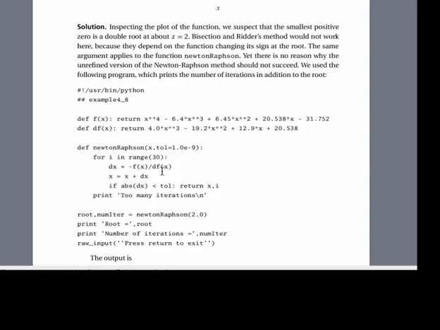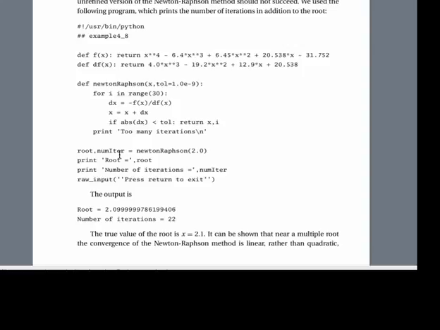Of course, that is subtraction, so it's really x minus this ratio, but either way, you can add dx where dx is negative. And then we would know the number of iterations by looking at where i was when it converged, so the call would be something like this: root, number of iterations = newton-raphson, 2.0.